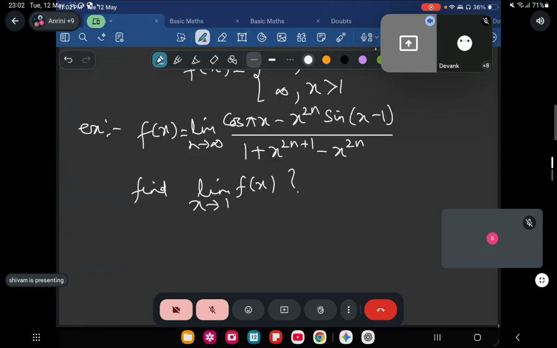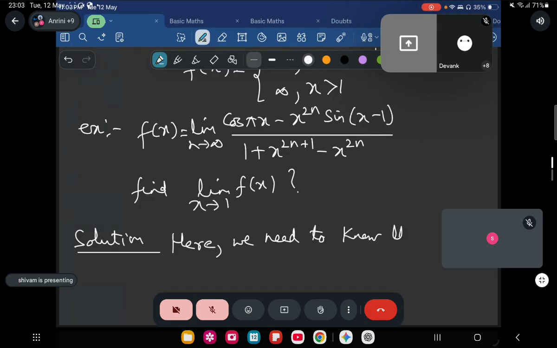So here we need to know the expression for f of x for x greater than 1 and for x less than 1.